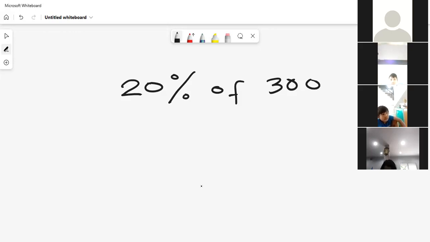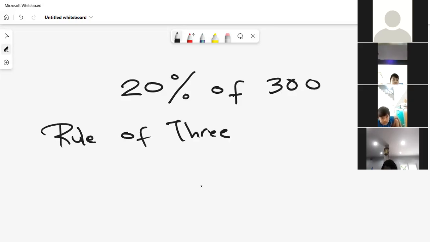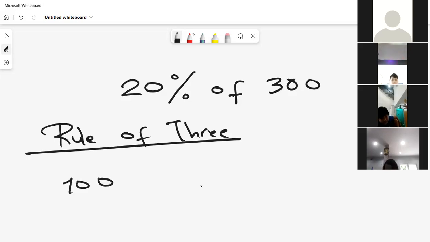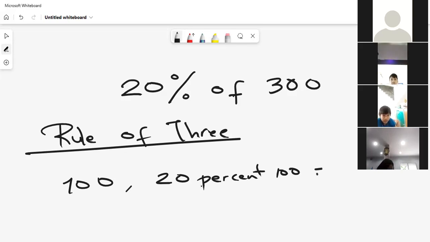Method number 2. We can find the answer faster by doing the rule of 3. Okay? Rule of 3. What is this? It says here, if there are 100 children, it means 20% of 100 is equal to 20. So what is the rule of 3 here?